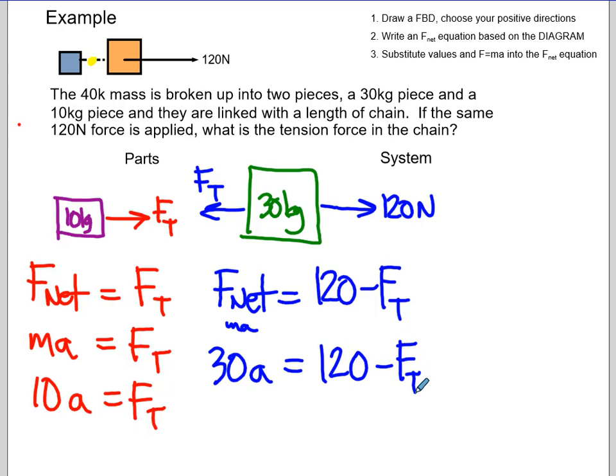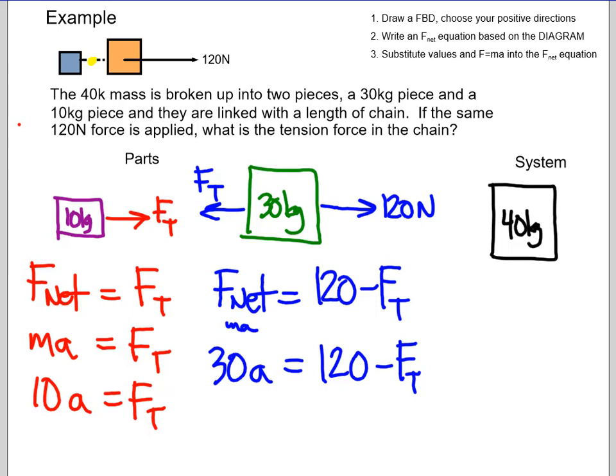Again, I have an equation with two unknowns that I can't solve. At this point, you might think you're stuck, but we also have this system idea. We can take this whole thing and say that if the chain doesn't stretch or bend or has no mass, then we could draw this whole system together and call it a 40 kilogram mass.